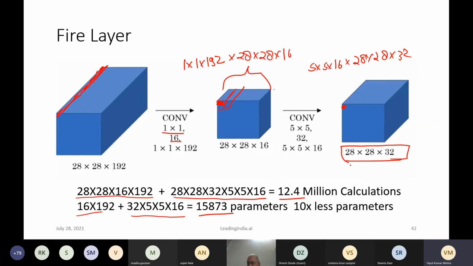Now you can say maybe it's modifying the values, right? But it is empirically proved you are getting almost the same results from there. And that is the beauty behind the inception network, right? So you can reduce the calculations and parameters, but still you are getting good output.